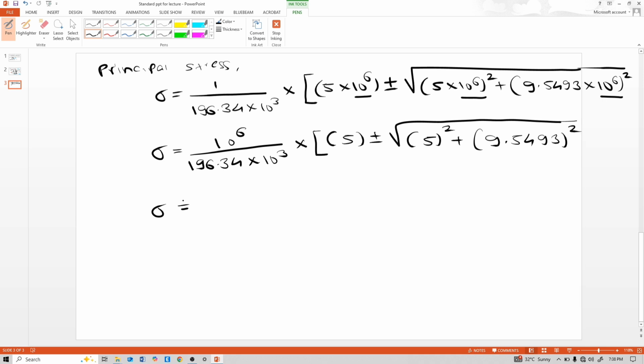So it is 5.093 multiplied by 5 plus minus, 5 square plus 9.5493 square, that means 10.78.